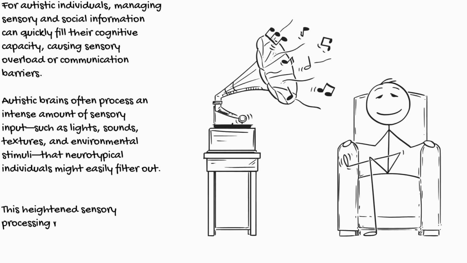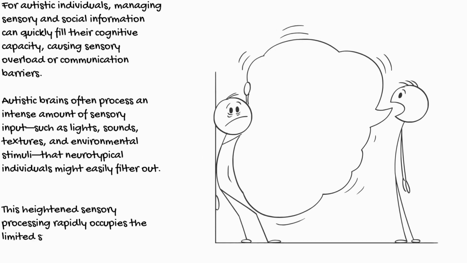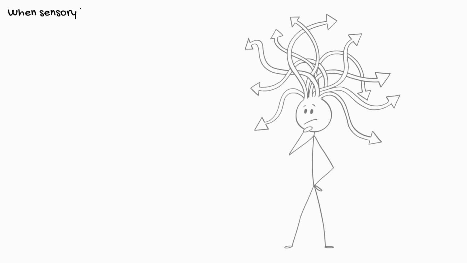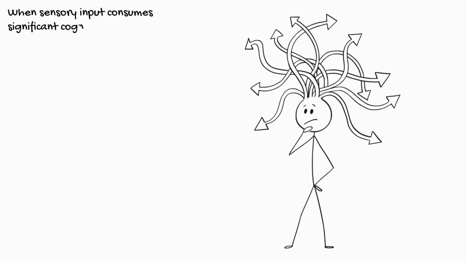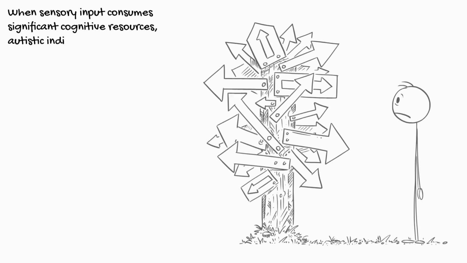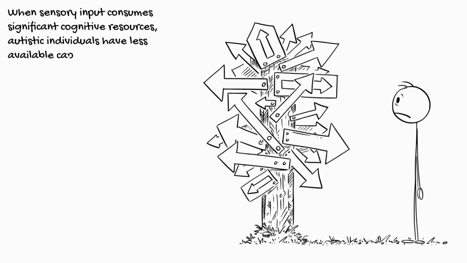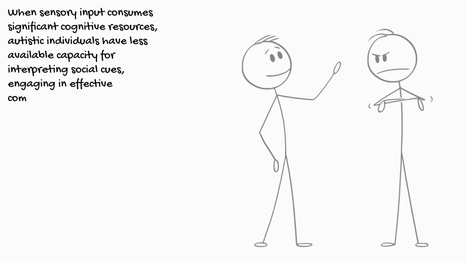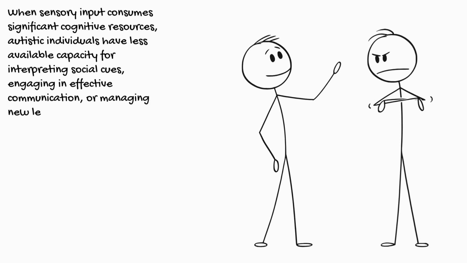This heightened sensory processing rapidly occupies the limited space available in working memory. When sensory input consumes significant cognitive resources, autistic individuals have less available capacity for interpreting social cues, engaging in effective communication, or managing new learning tasks.